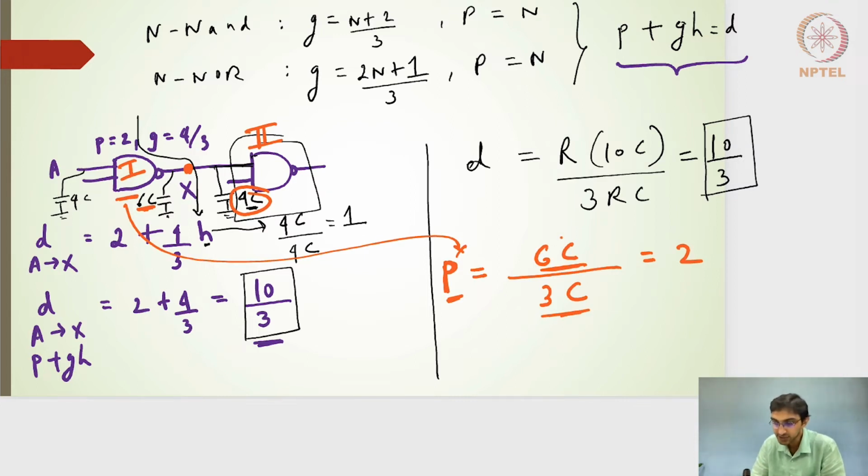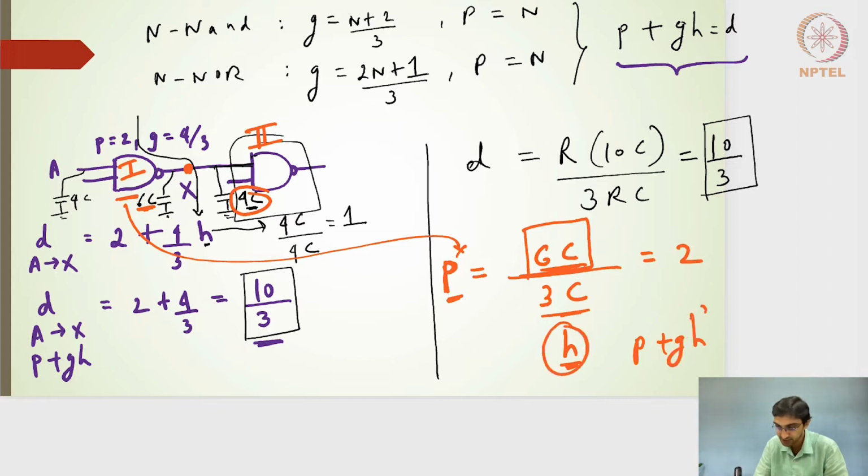This particular estimation doesn't include the next stage's input capacitance. That is anyway taken care of by the factor H. So when we do P plus GH, this H value is going to consider the next stage input capacitance, right? So this particular parasitics is its own stage.